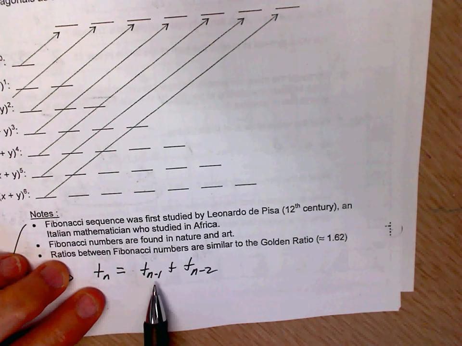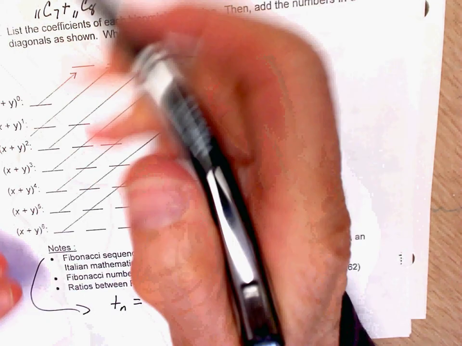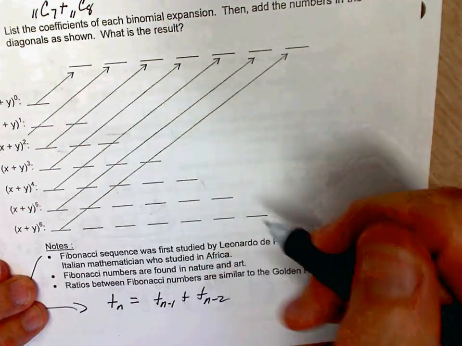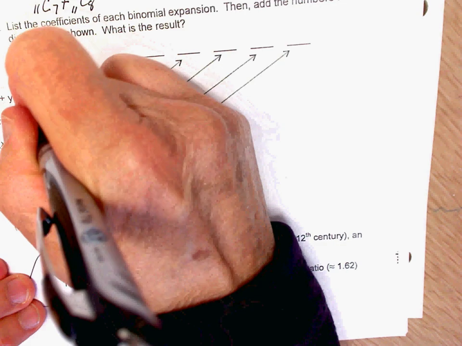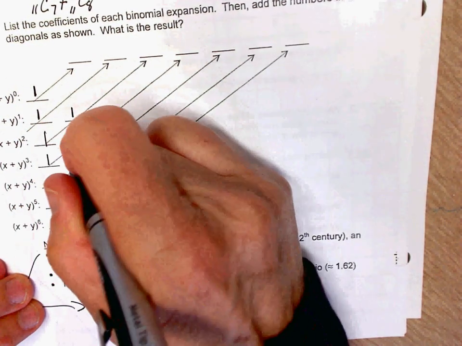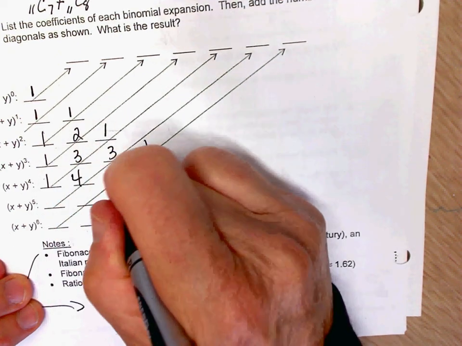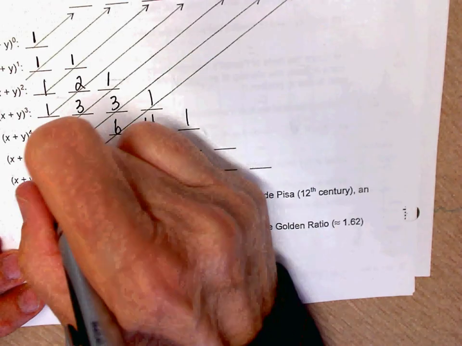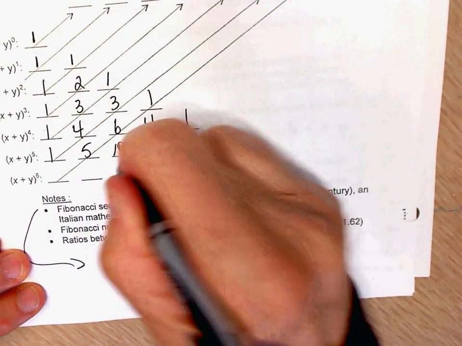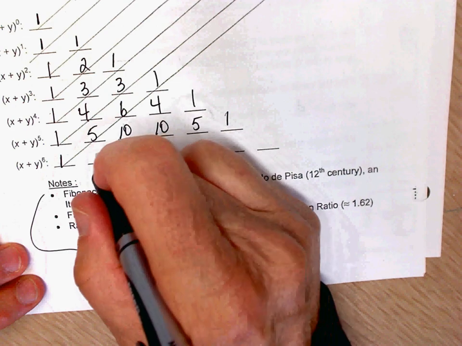So let's write Pascal's triangle here: 1; 1, 1; 1, 2, 1; 1, 3, 3, 1; 1, 4, 6, 4, 1; 1, 5, 10, 10, 5, 1; 1, 6, 15, 20, 15, 6, 1.